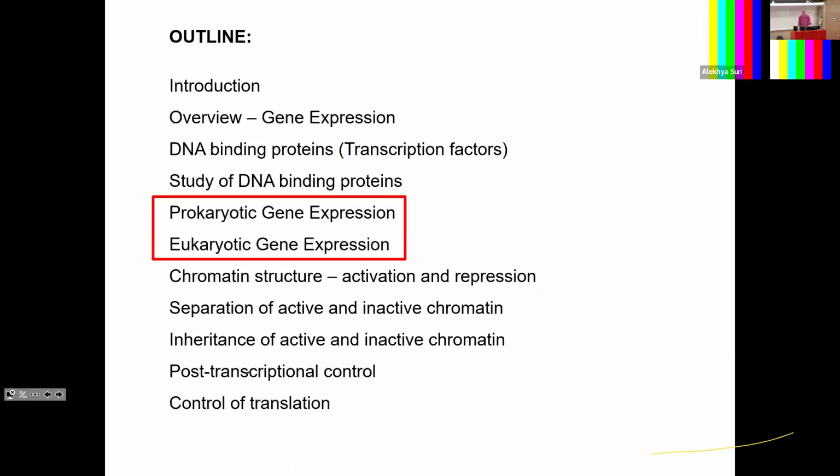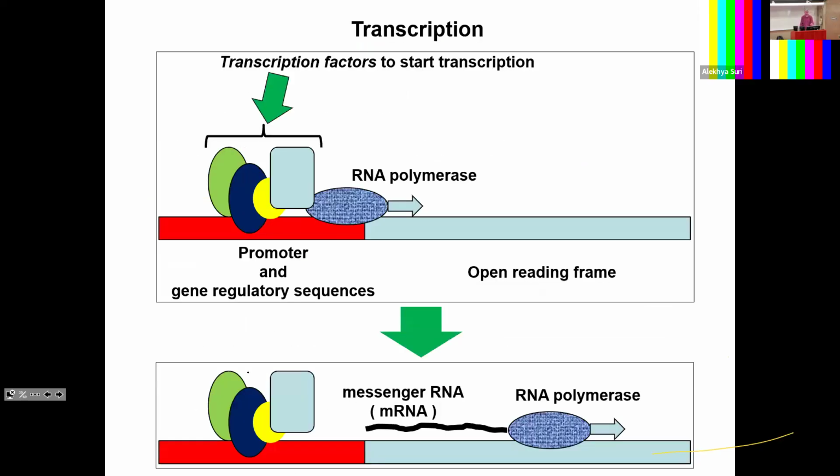Okay, so coming actually to the gene expression part, again, when we talk about gene expression, this is transcription factors binding to upstream DNA sequences and regulating whether a gene is transcribed or not.